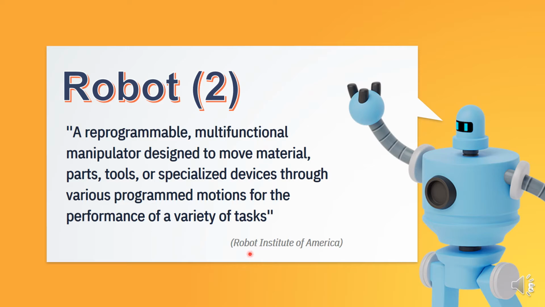According to the Robot Institute of America, robot means a programmable, multifunctional manipulator designed to move material, parts, tools, or specialized devices through various programmed motions for the performance of a variety of tasks. There are many other definitions for robots. You can find them yourself on sites related to robots.